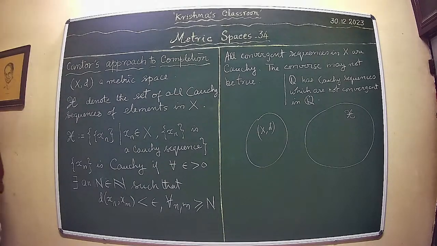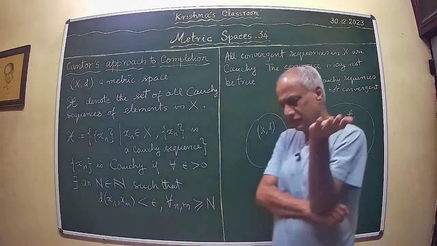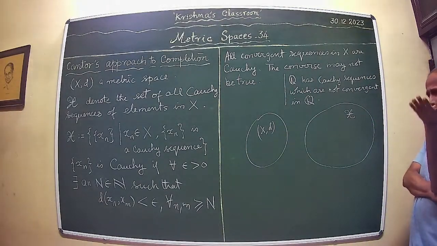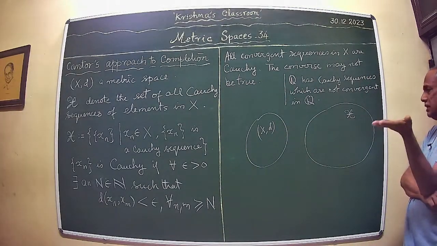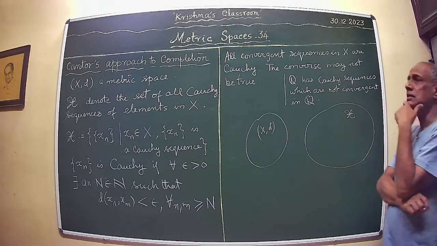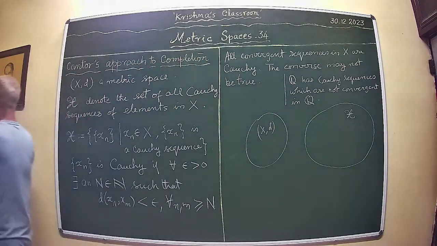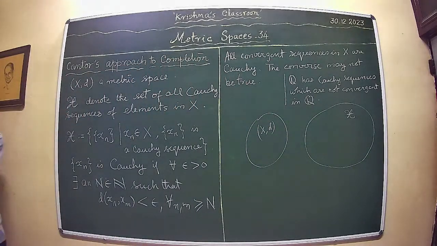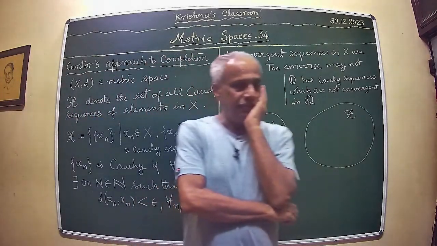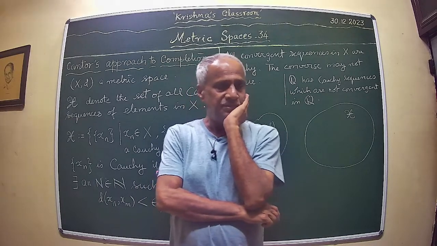In R, for instance, you can have several Cauchy sequences which converge to the same element, because R has all Cauchy sequences convergent in it, and thus we say R is complete. Still, it's not a unique Cauchy sequence that is associated with a real number.